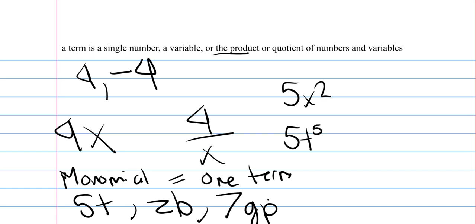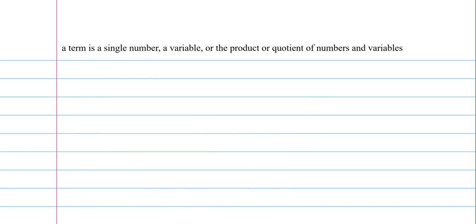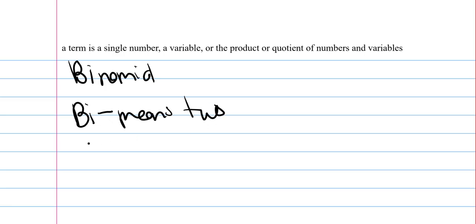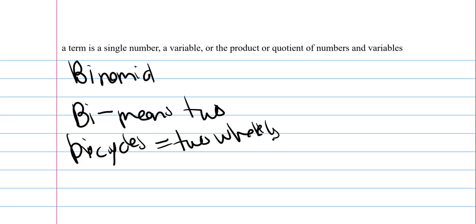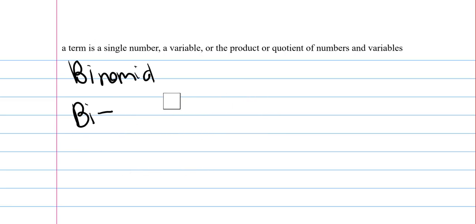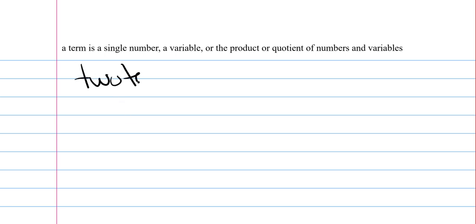Moving on, there are binomials and trinomials. In a binomial, the bi means two, like bicycles, which have two wheels. Same here in binomials: there are two terms.